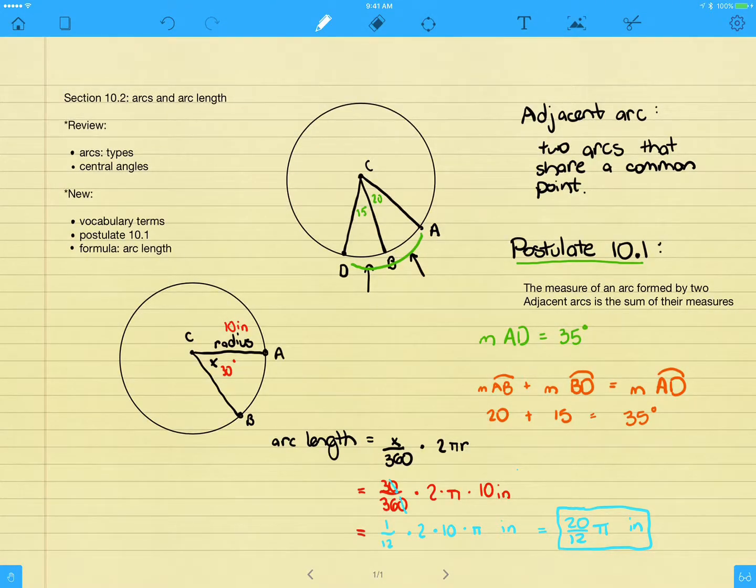And so that number itself is 5.24 inches. That is 5.24 inches. Now again, how I did that number: taking the 20, dividing by 12, and then taking it times pi. That number gave me this, and this is the actual number that I'm looking for.